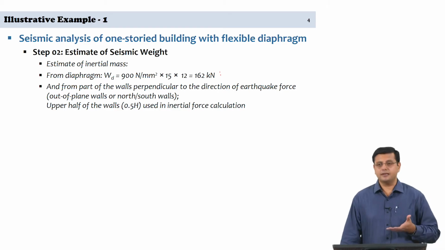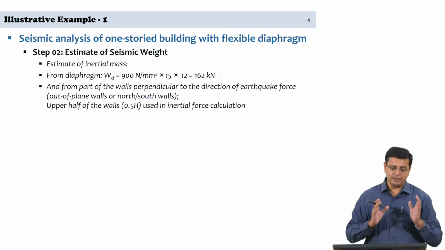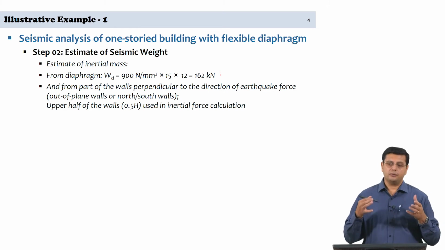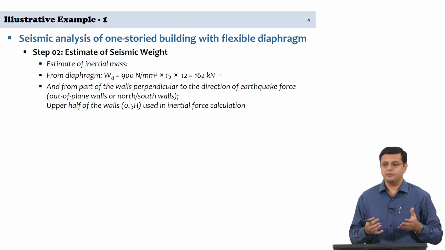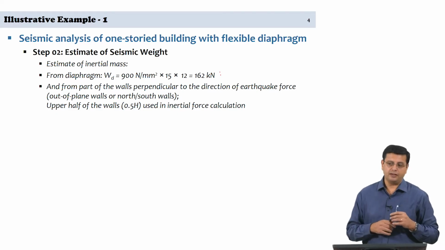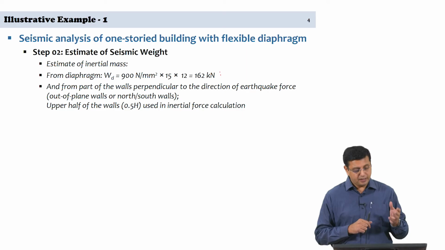Now, this is a single storied structure, and it is now being subjected to an earthquake. So, what part of the total structure would you consider as contributing to the inertial mass?